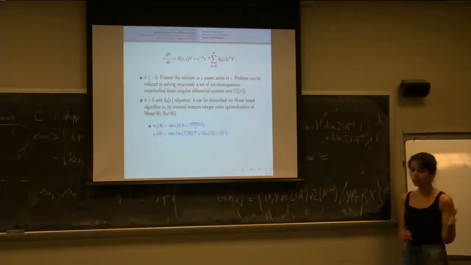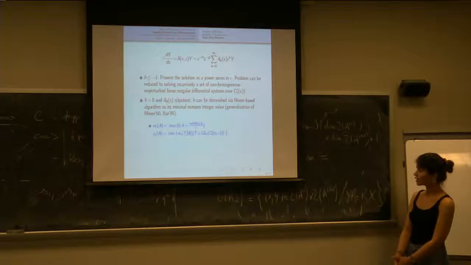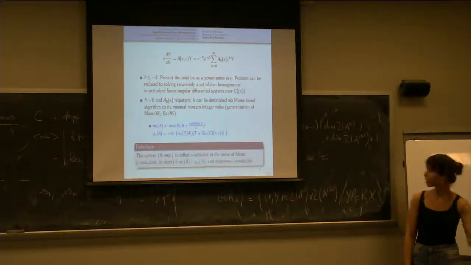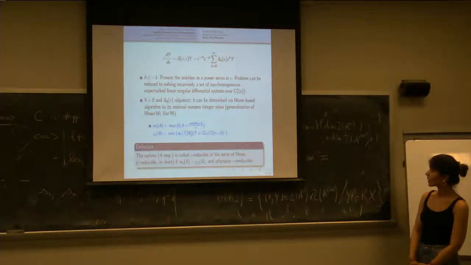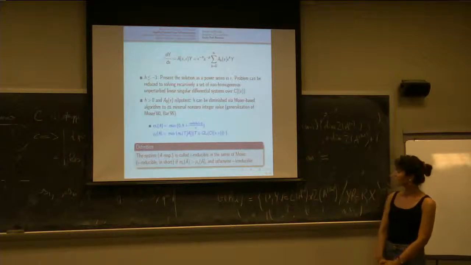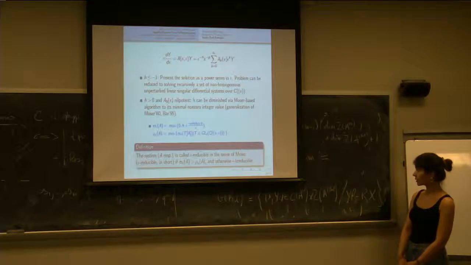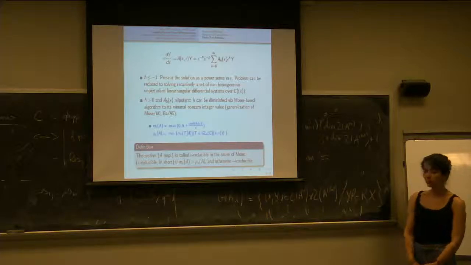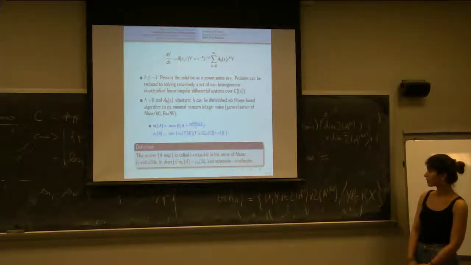Although the main motive of Moser for this criterion was for reducing the Poincaré rank p. And in analogy to the non-perturbed system, we give this definition. We say that the system is called epsilon reducible in the sense of Moser, or epsilon reducible in short, if m_epsilon is greater than mu_epsilon, and otherwise we say it is epsilon irreducible.